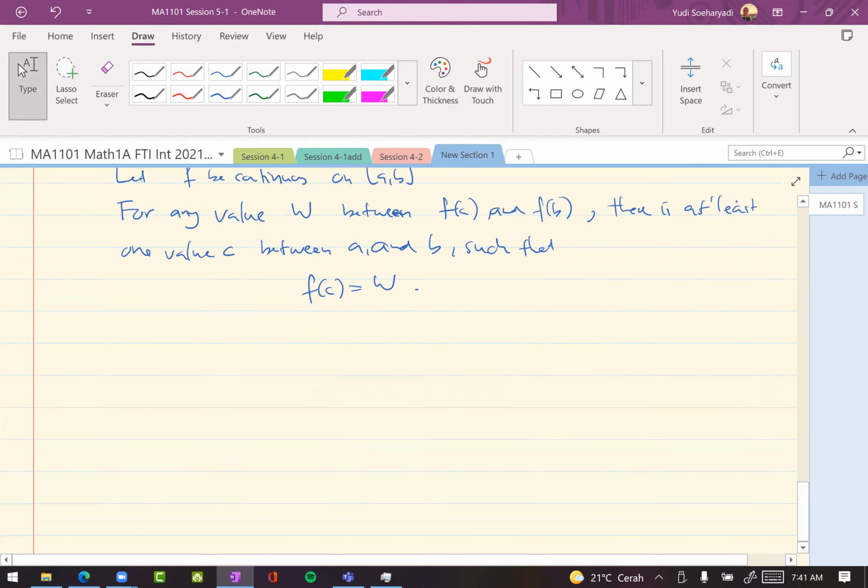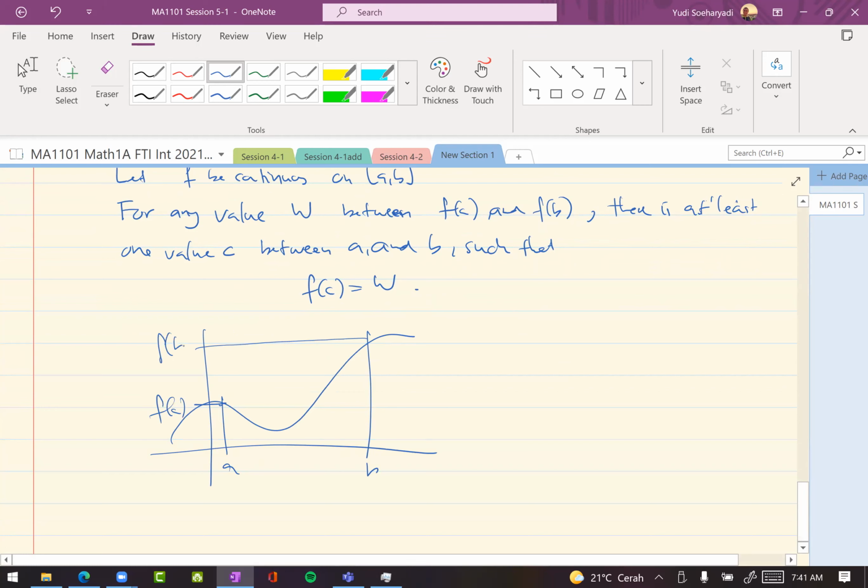So this is a, this is b, this is f of a, this is f of b. Take any value here, just take a line. That's the intersection. For a fixed line here, there's an intersection.